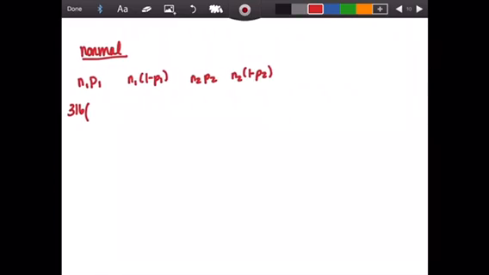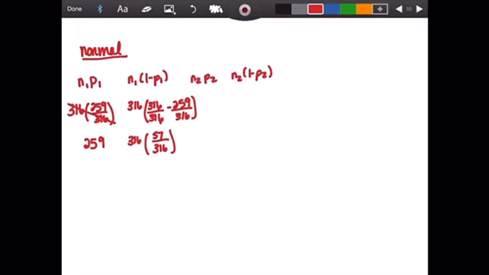That's 259 out of 316. Well, if we multiply that together, that's going to be 259. If we deal with n1 times 1 minus p1, well, 1 is 316 over 316 minus 259 over 316. If we do that math, the difference here between 316 and 259 is 57 over 316.